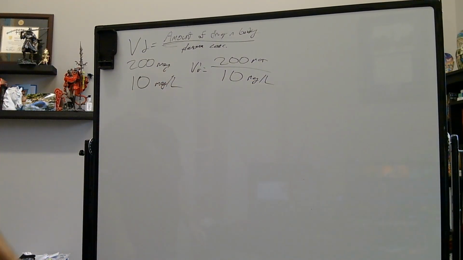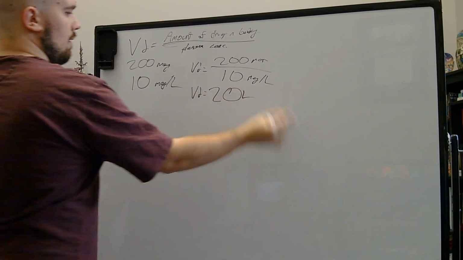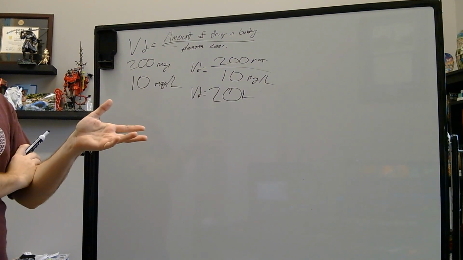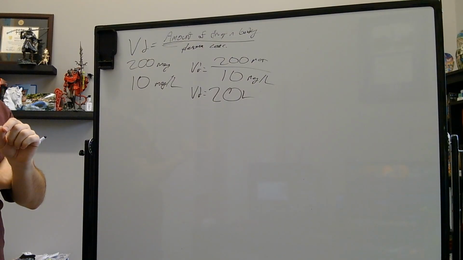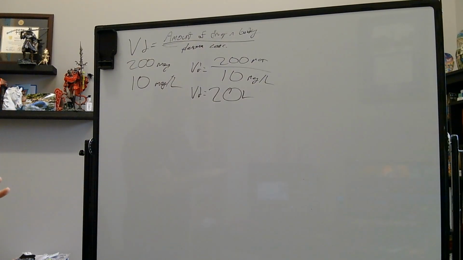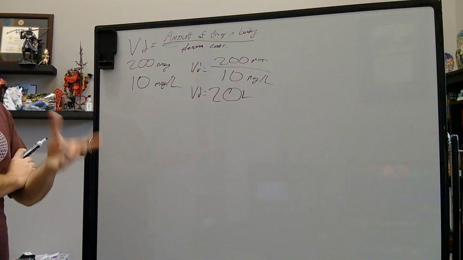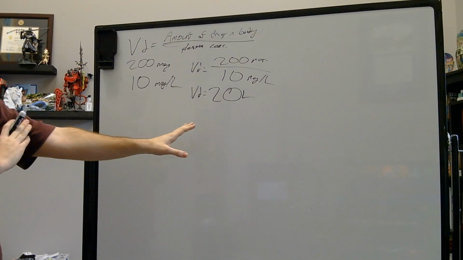So you get a volume of distribution of 20 liters. This would suggest that the drug is mostly staying in extracellular fluid and plasma, and it's not distributing too much into tissue. It's not too lipophilic, for instance. So that's what that means.